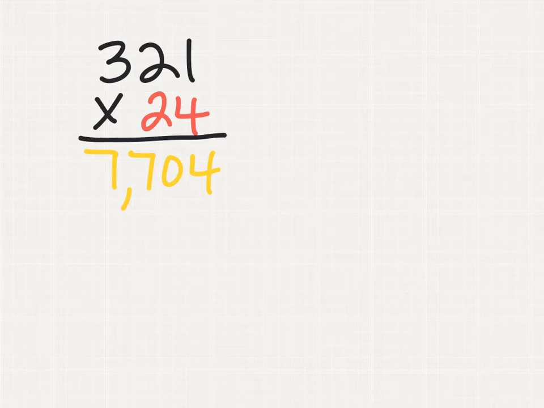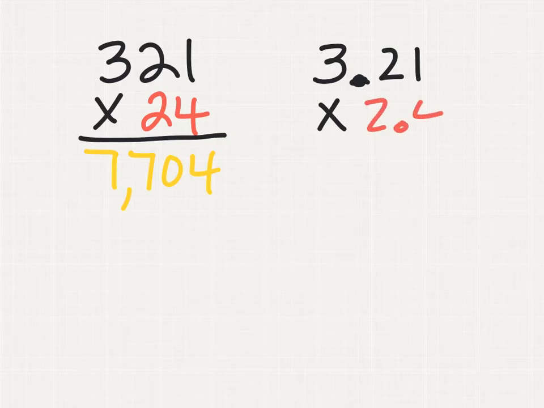Now let me show you how you can use what you already know about multiplying whole numbers to multiply decimals. So what if instead of 321, we had a factor of 3.21, or 3 21/100ths? And what if we multiply that not by 24, but by 2.4, or 2 4/10?